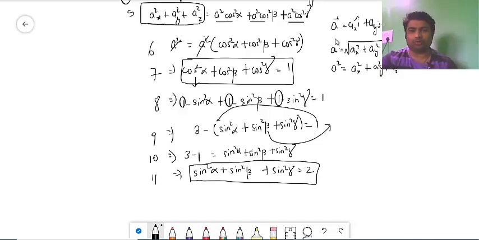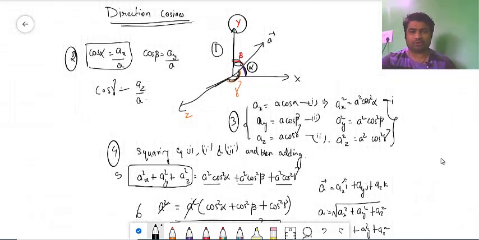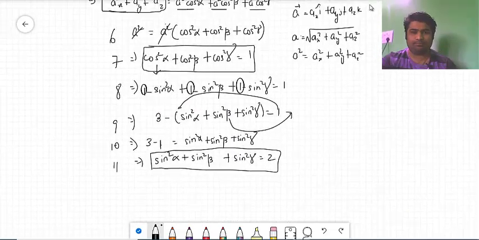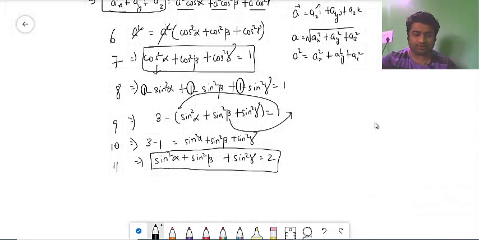Okay, so now you can pause the video and you can write. So first pause here and write. Next you can pause here and you can write, and you can pause here and you can write.